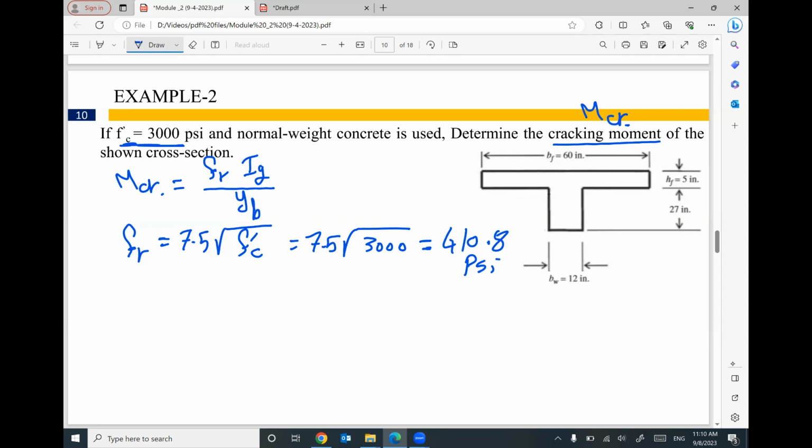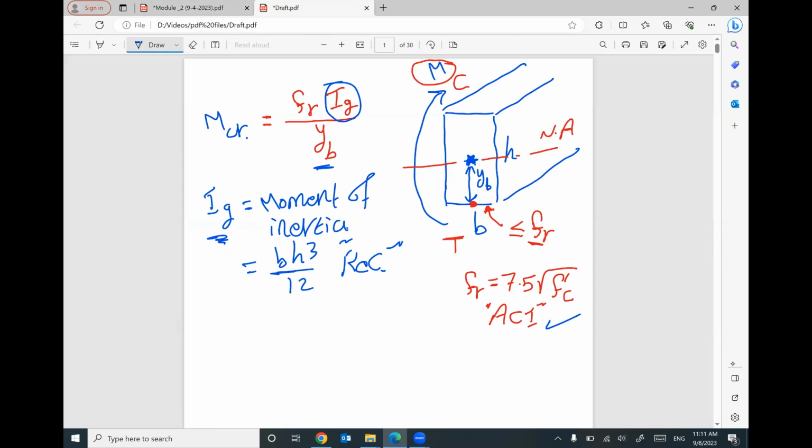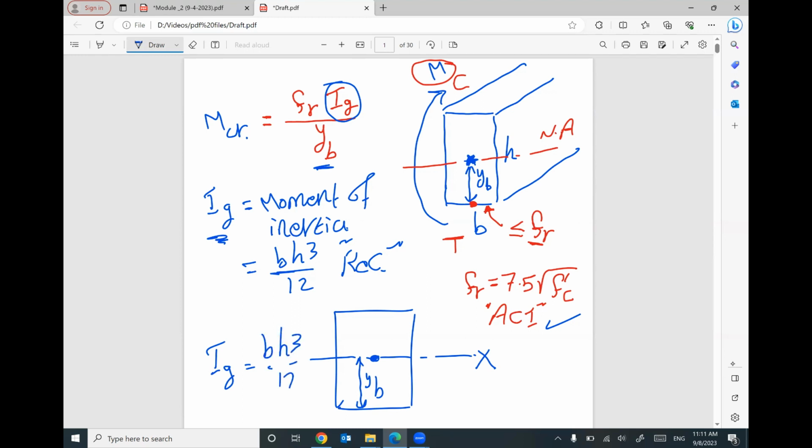Unfortunately, to figure out the value of I gross and YB, we must figure out where the centroid of this cross section is. If your cross section is a rectangle, your centroid is at mid height. So I can say this is YB, this is my neutral axis or x-axis. I can figure out I gross equals B H cubed divided by 12.